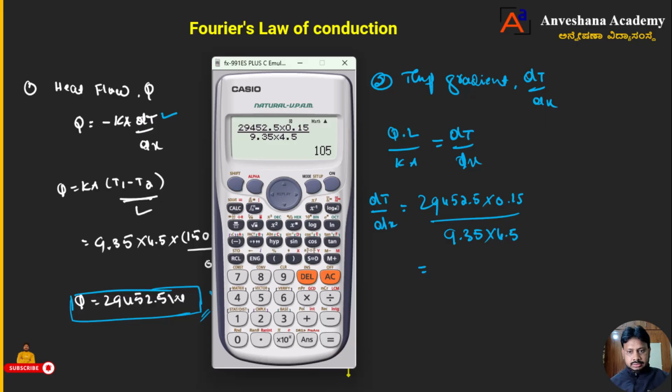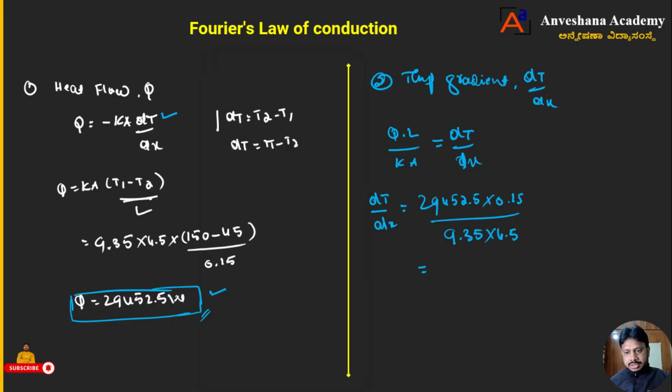How much are we getting? That is 105. That is equal to dT by dx is equal to 105, dear students.